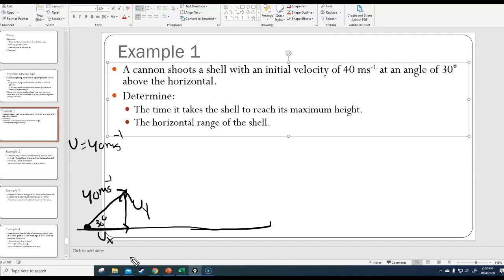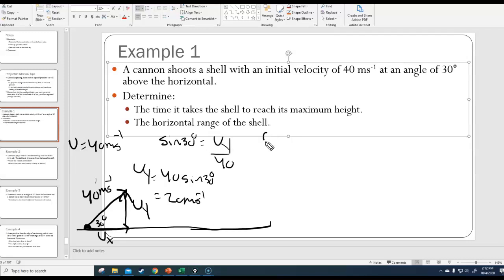Now, we know how to find components of vectors. To find uy, that's the opposite side of this triangle. The hypotenuse is the magnitude of the vector. And so I would say sine of 30 degrees is equal to uy over 40. So uy is going to be 40 sine 30 degrees, and that's going to be 20 meters per second.